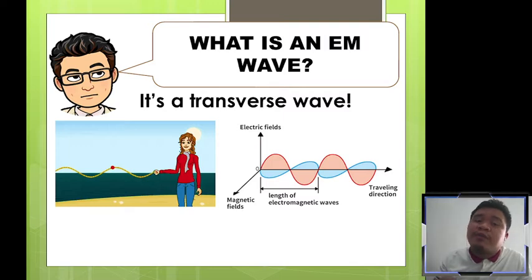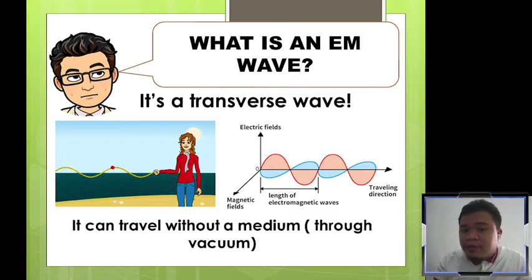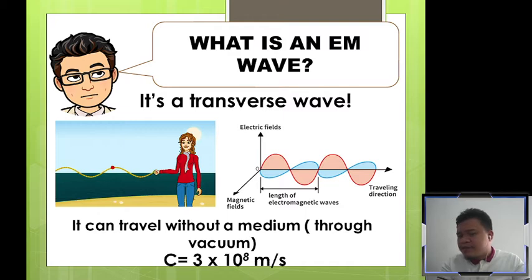As it jumps from one energy level to another, it releases this electromagnetic wave pattern in a form of alternating electric fields and magnetic fields. And it's because of these oscillations that happen in the vibrations of your atom, it is known that an EM wave can travel without a medium, or it can travel through empty spaces, and that it's very fast. It travels around 3 × 10⁸ meters per second.